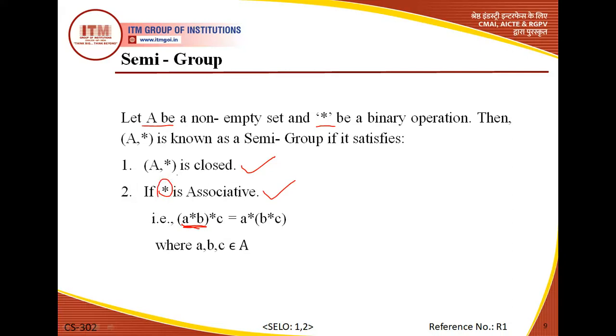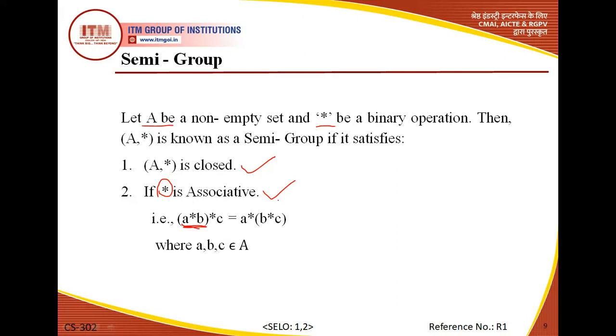So these are the two properties. We have talked about A star being closed, so we are not repeating it again. Now here, the second thing is associativity. So star is known as associative if (A star B) star C is equal to A star (B star C).